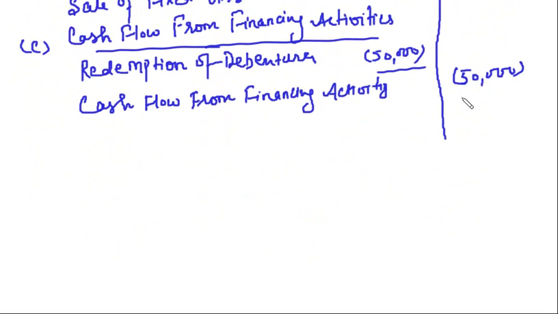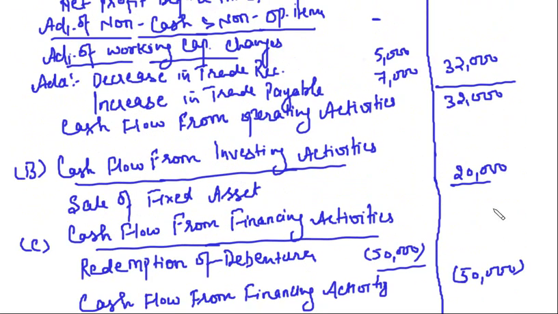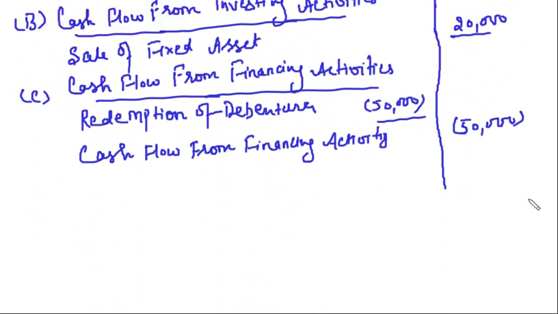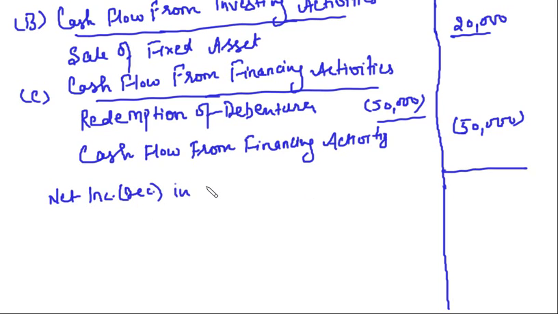Now, what is the net effect of these three activities is what we call as net increase, or in bracket you will say decrease in cash and cash equivalents. Right?